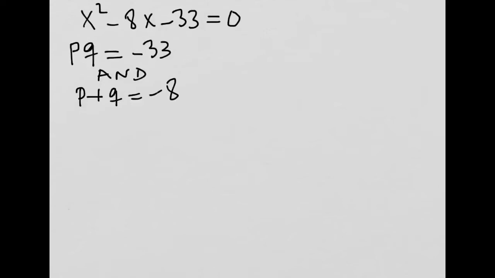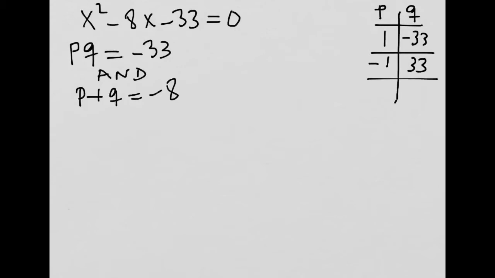So let's go through the list of factors of negative 33. We have 1 and negative 33 doesn't add up to negative 8. Negative 1 and 33 doesn't work. Negative 1 plus 33 does not add to negative 8.